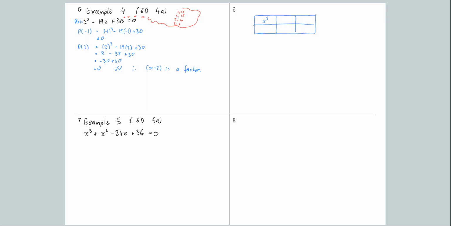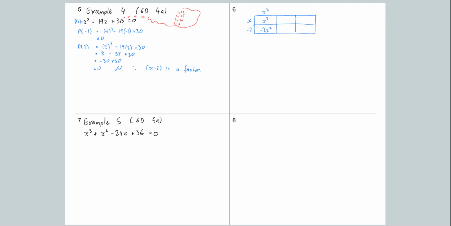I've got an x cubed here. And I know what I have to finish off with: a 30 at the end there. And I know that x minus 2 is a factor, so I'll pop x minus 2 here. Okay, so x times what equals x cubed? Well, the answer is x squared. And therefore we've got minus 2x squared here, minus 2 times x squared.